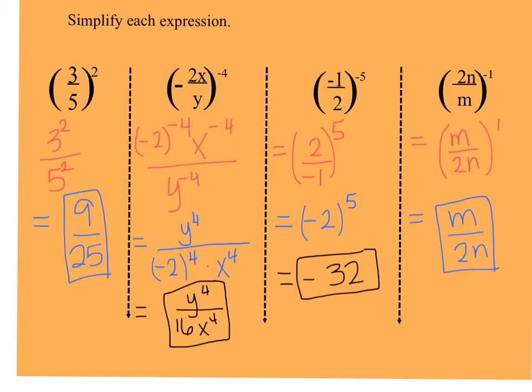Hopefully you can look through these and make sense of where I'm getting my final answers from, which are boxed in at the bottom. But obviously if you have questions about any of them, let me know. I will mention that I did use that shortcut that I told you about on the last page, where you could just write the reciprocal of these fractions for the last 2, and then automatically that makes that exponent a positive.